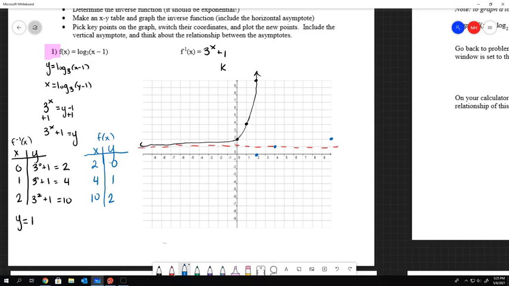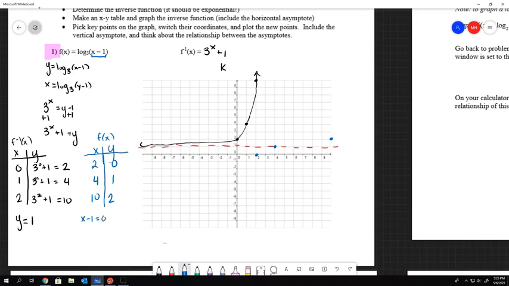In order to get the vertical asymptote, we are going to take our h value. In some cases, you can't just take the h. What's actually happening is we are taking our argument, setting it equal to 0, and that's what's giving us the vertical asymptote.